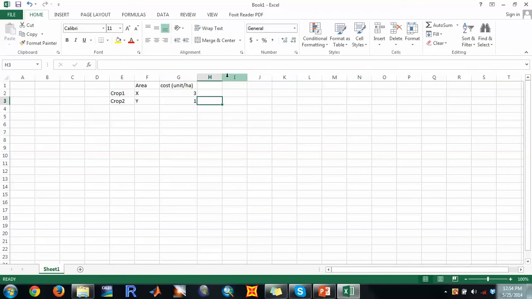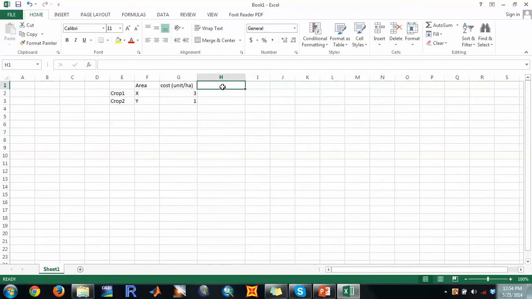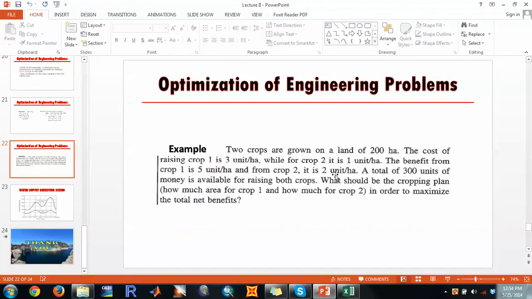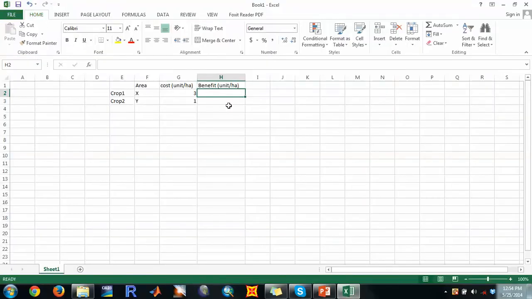And the benefits, in units per hectare, where units represent money: we have 5 units per hectare from crop 1 and 2 units per hectare from crop 2. So this is 5 and this is 2.